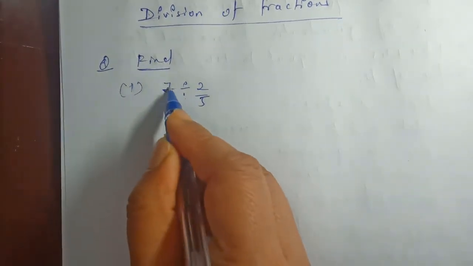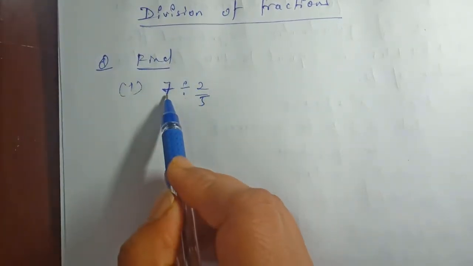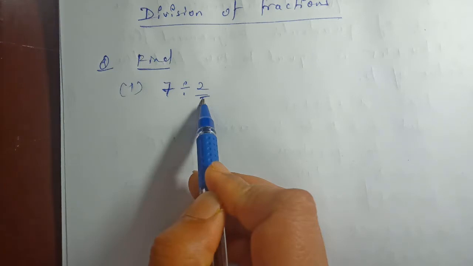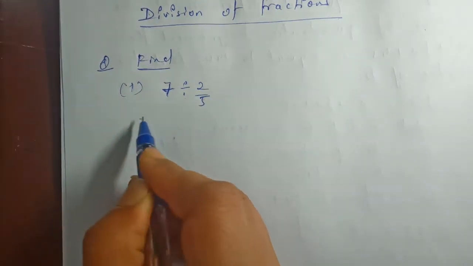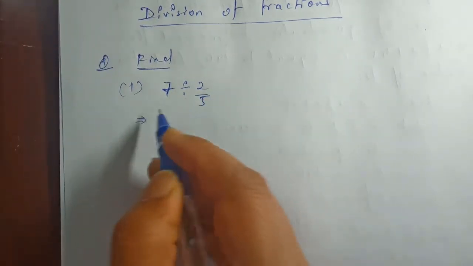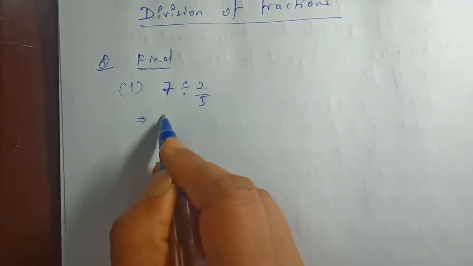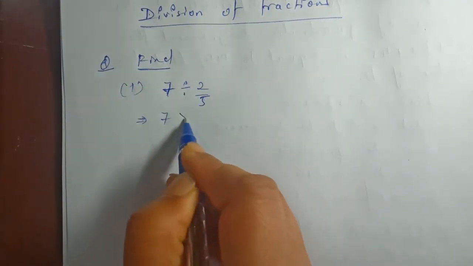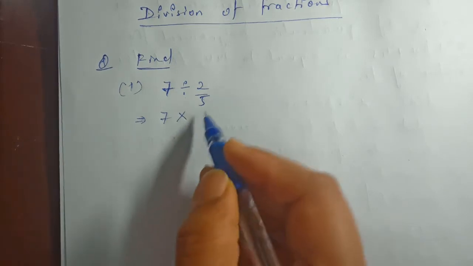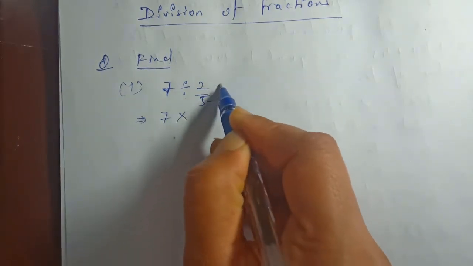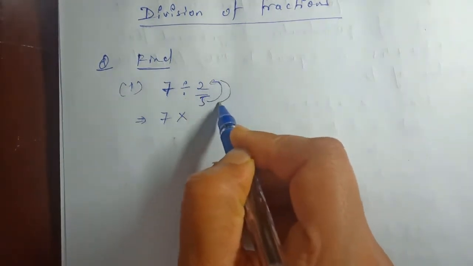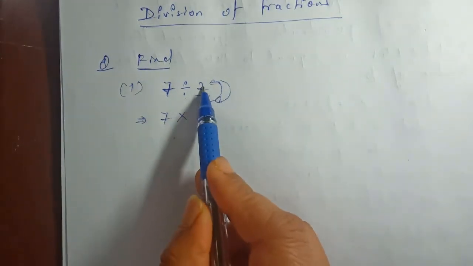Whenever we have to divide any whole number by a fraction, first of all we have to convert it into multiplication form. Whenever we convert the division into multiplication, what is the rule? We have to take the reciprocal of the second fraction.